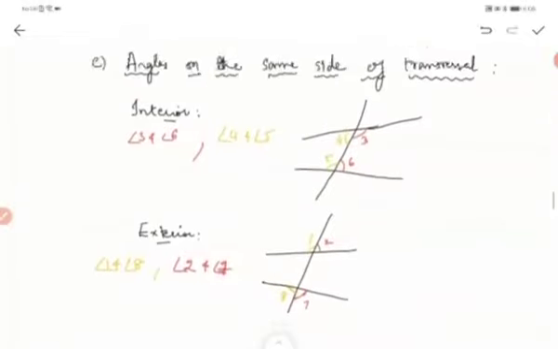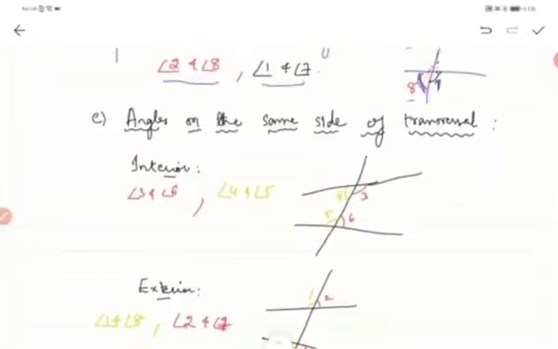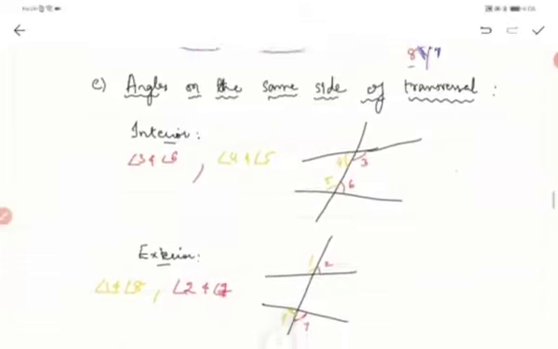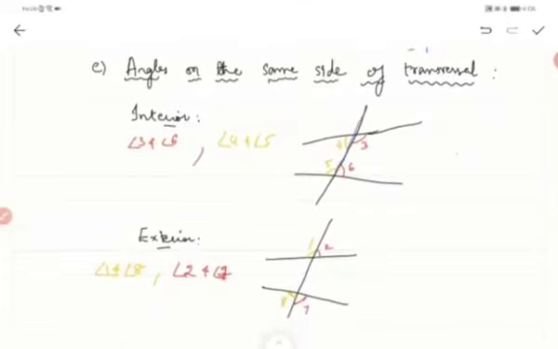So these are the different angles which we had seen, and the last was angles on the same side of the transversal. This is your transversal, isn't it? On the same side, 4 and 5 are on the same side, and these two are interior. Angles 1 and 8 are on the same side of the transversal, that is the left side. On the right side you have 3 and 6, which are interior, and then 2 and 7, also on the right side.